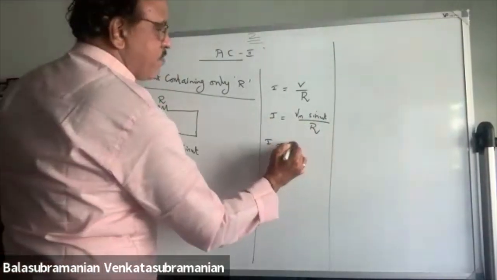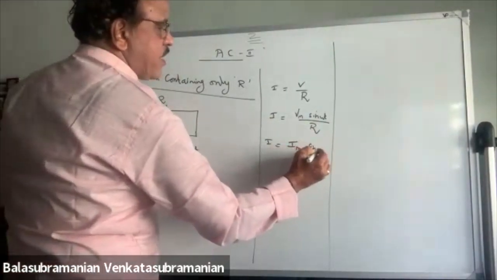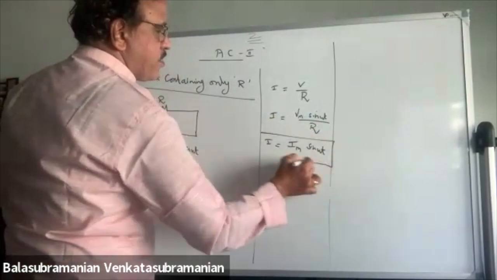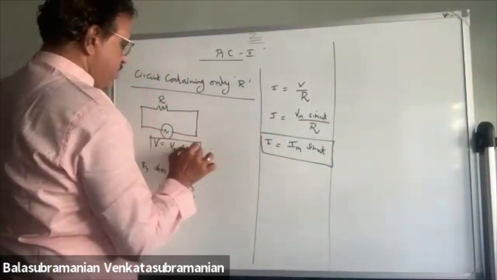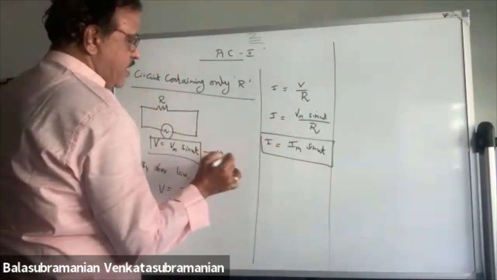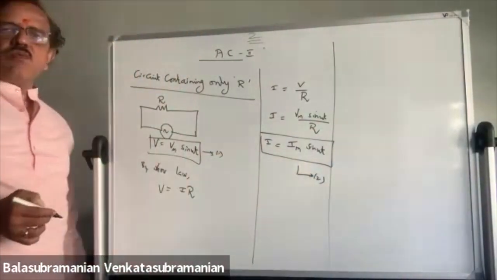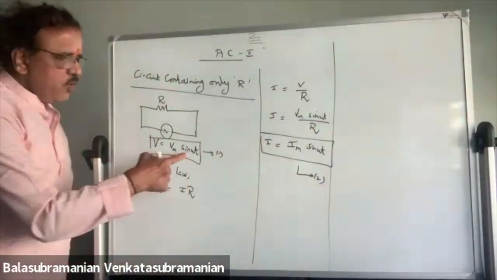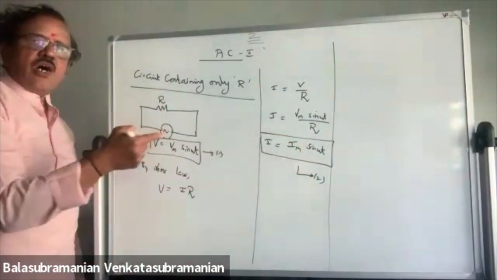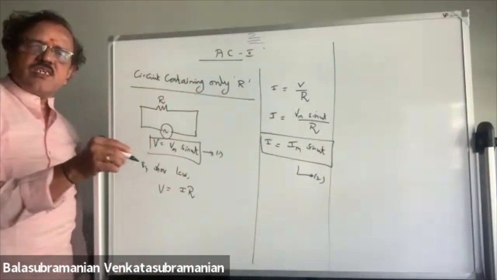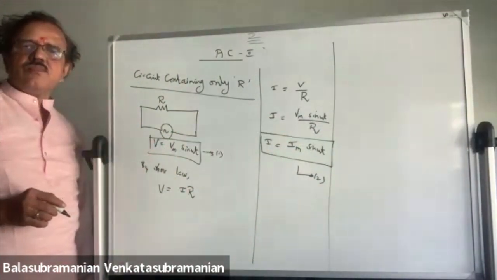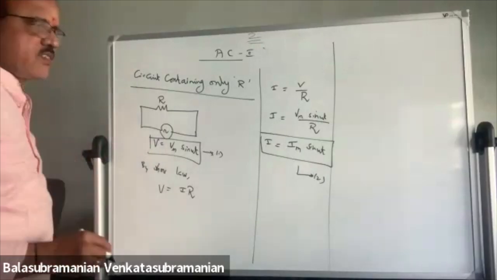That is Im sin omega t. So equation 1, Vm sin omega t. Equation 2, Im sin omega t. So both current and voltage are in phase with each other. There is no phase difference.